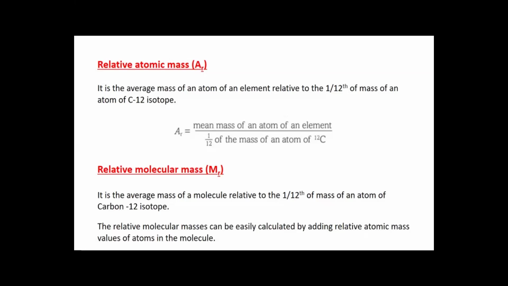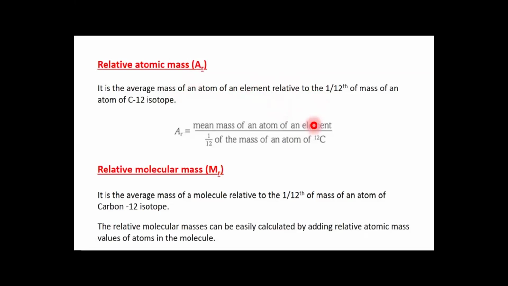So when we are measuring the mass of an atom relative to 1/12 of the mass of carbon 12 isotope, we call it relative atomic mass. Did you understand? Because we are taking the 1/12 of mass of another atom to compare the masses of the atoms. Did you understand that? So you have to remember this equation. If it is relative atomic mass, it should always be measured relative to 1/12 of the mass of carbon 12 isotope.